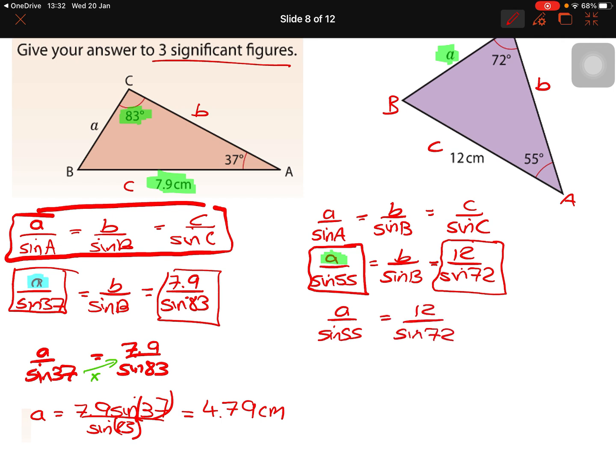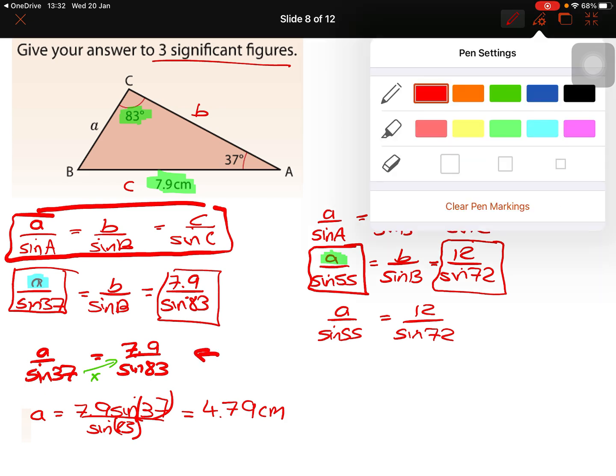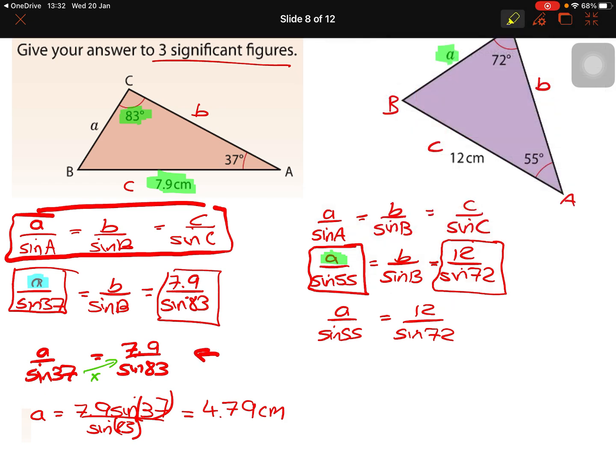And I'm back in the same position I was just here. All I'm going to do is balance my equation so I can have A on its own. And to do that, all I need to do is multiply up by sine of 55. So I will be left with A equals 12 sine 55 over sine of 72.